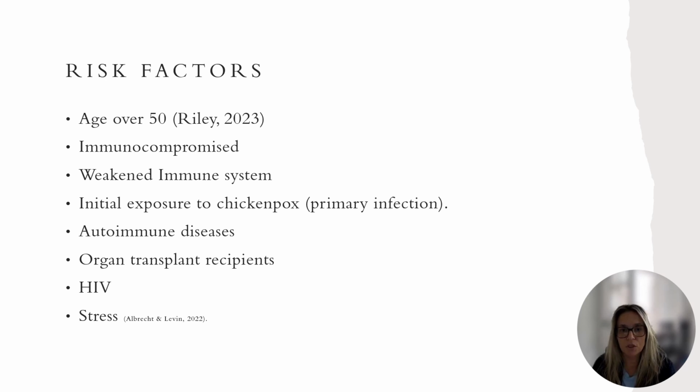Risk factors include host immune status, because as the person ages, they become more immunocompromised and susceptible to reactivation of the latent virus. Also, the immunocompromise is related to a reduction in T cell mediation, and this plays a role in decreasing the immune system's response to an antigen.